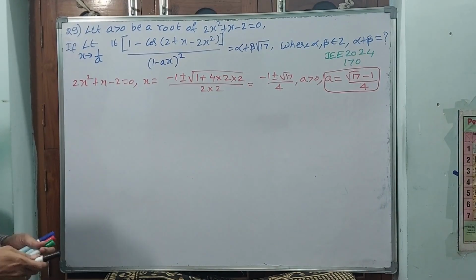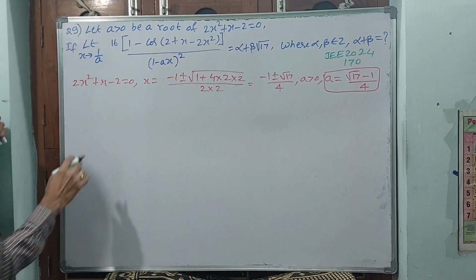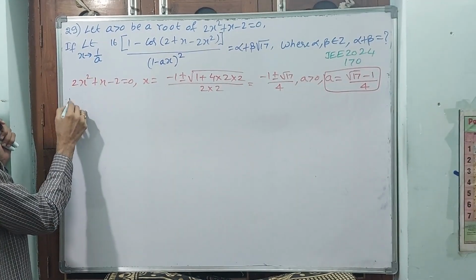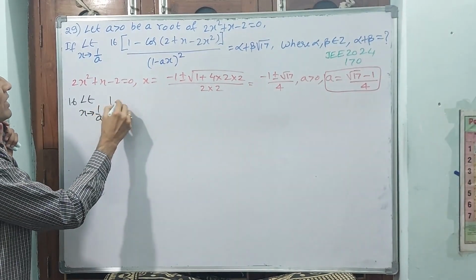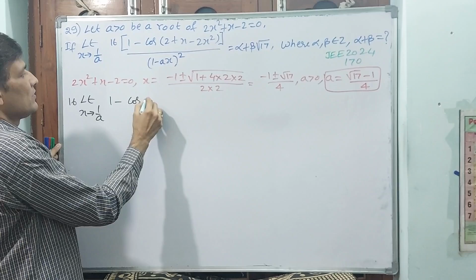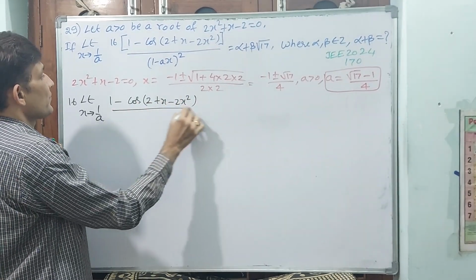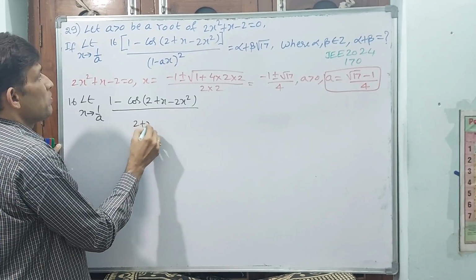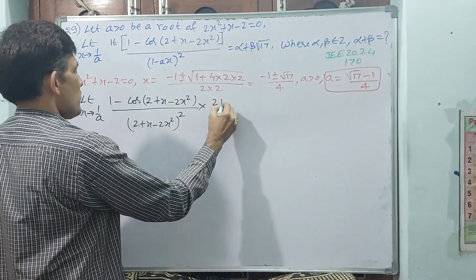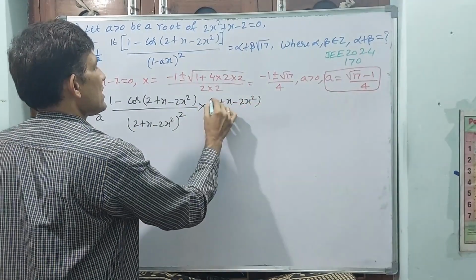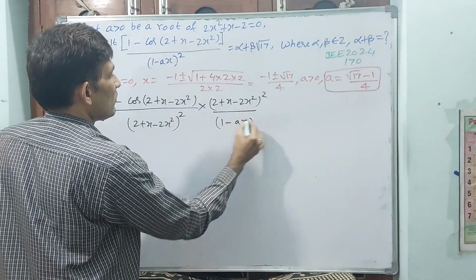Okay, now we have found a, but see how I am converting this. 16 I am taking outside, limit x tends to 1/a of (1 − cos(2 + x − 2x²)) divided by (2 + x − 2x²)², into (2 + x − 2x²)² divided by (1 − ax)².